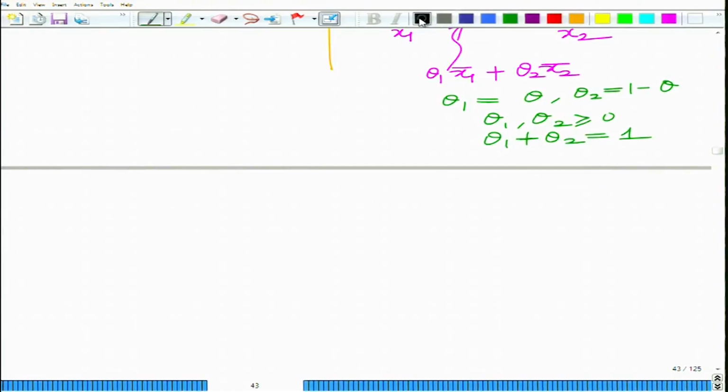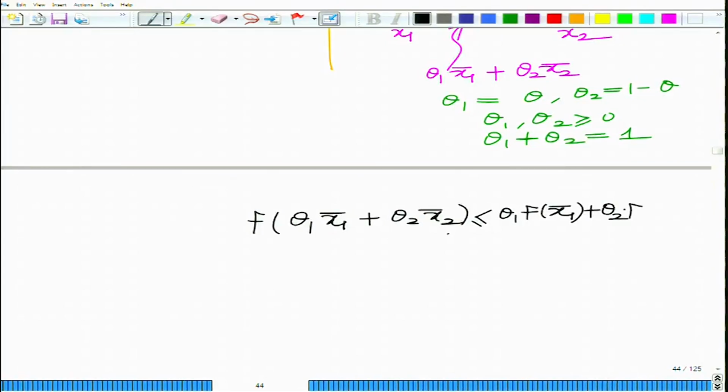Further, now you can see that the basic inequality is that f of theta 1 x1 bar plus theta 2 x2 bar is less than or equal to theta 1 f of x1 bar plus theta 2 f of x2 bar.